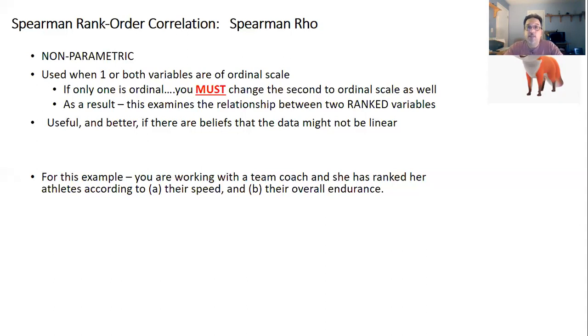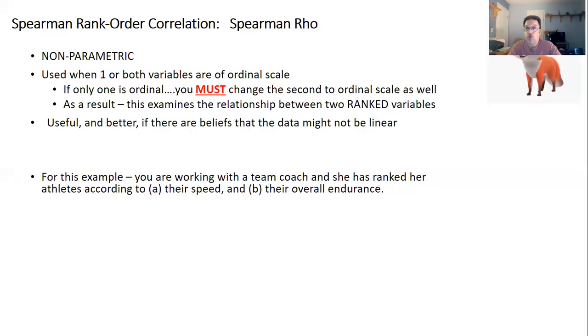Then the little tricky point. If one of the data points is ordinal, and the other one, in this case, is either interval or ratio, what you have to do is transform that second data column, the one that is interval or ratio, into an ordinal column as well. So you're going to have to make a transformation of the data from its original form into its ordinal form.